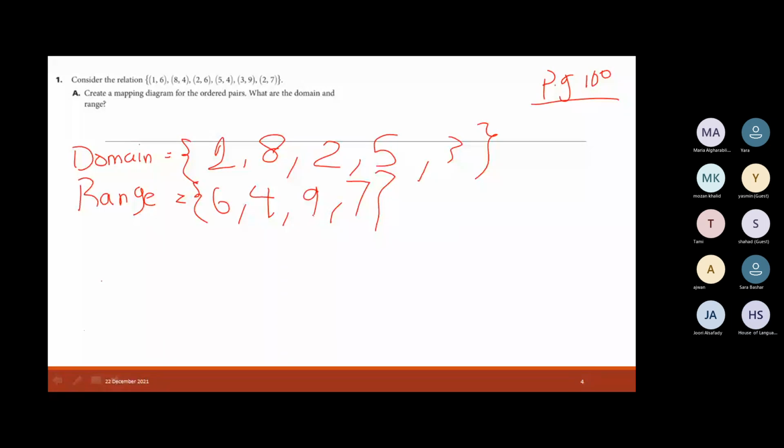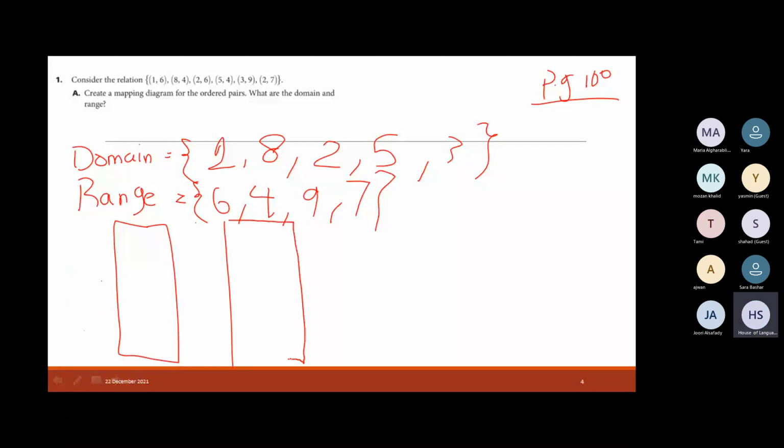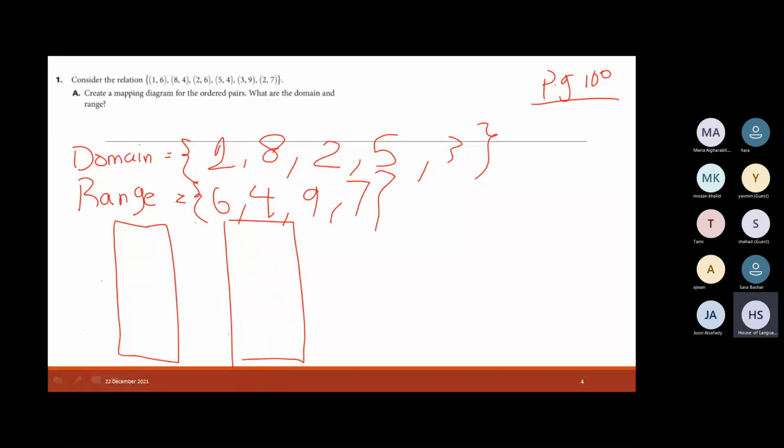I want you now to draw the mapping diagram. Write the domain in the previous one, the first one, sorry.